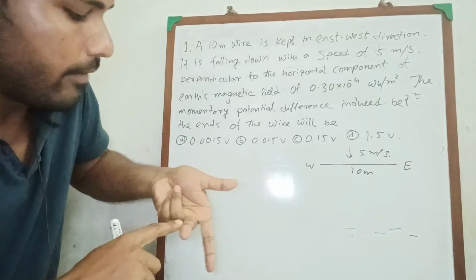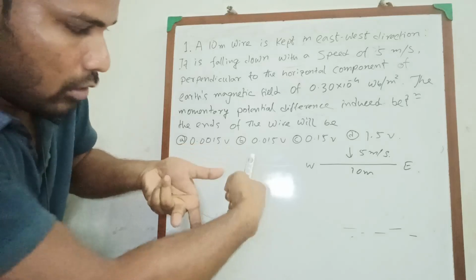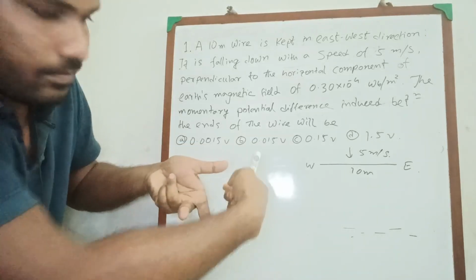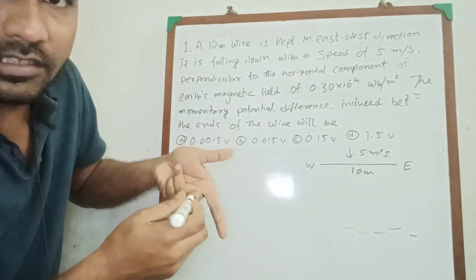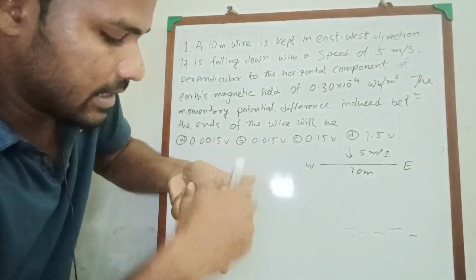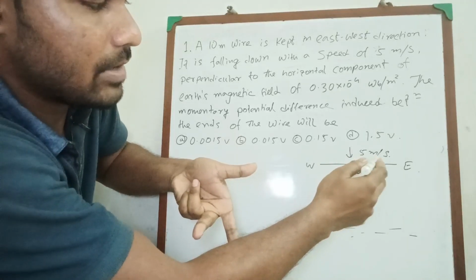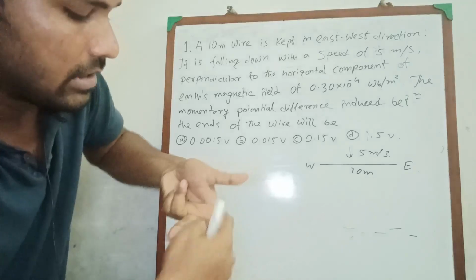The middle finger is the direction of the magnetic field, that is north to south, the horizontal component, like this, towards you. And this is the direction of motion, the velocity v, towards downward.